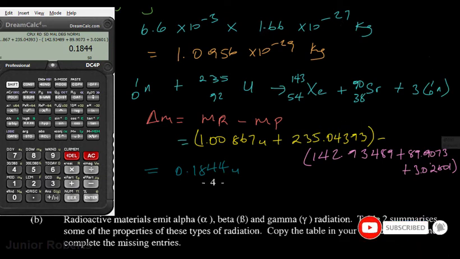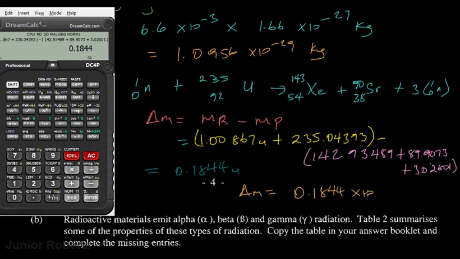So we can write then that delta M will be equal to 0.1844 times 1.66 times 10 to the minus 27.